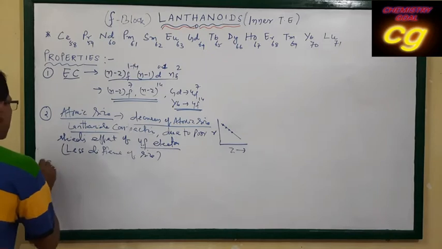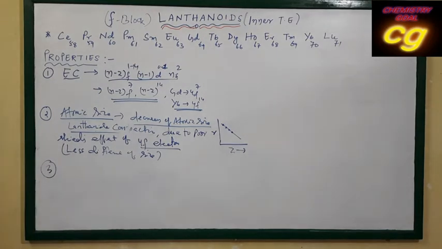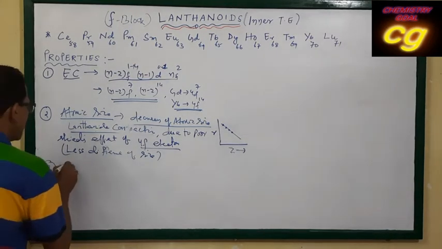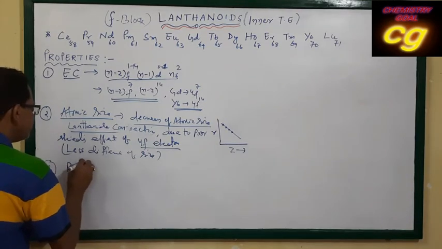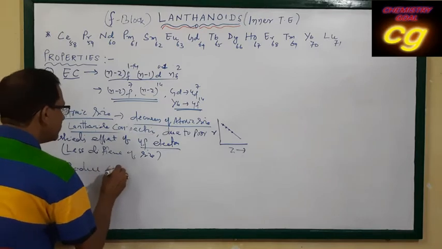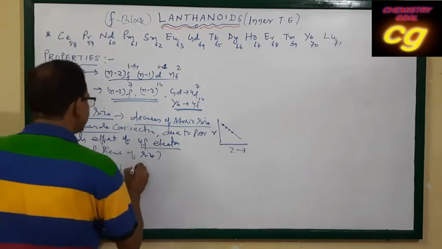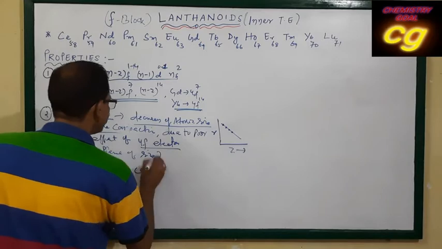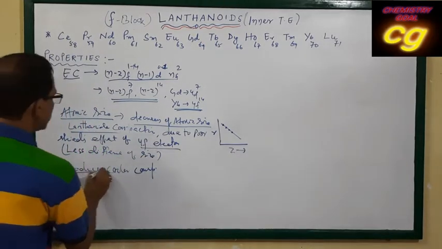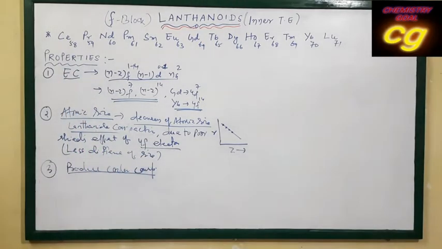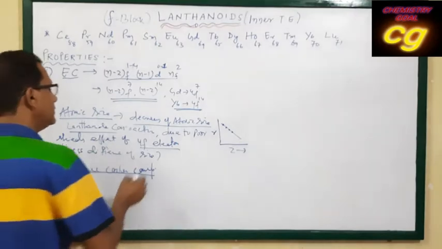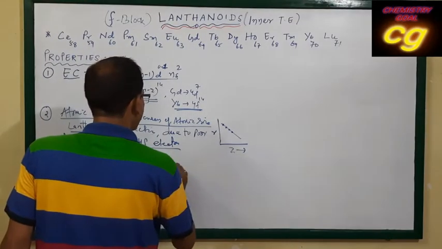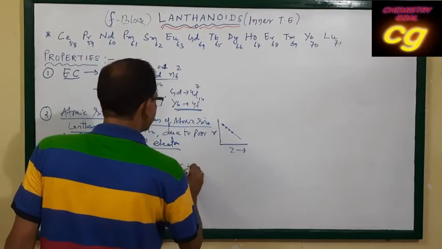Then another important property of this is they produce colored compounds. Like your transition elements, they are also colored. What is the cause of forming the color? Why are they producing color?